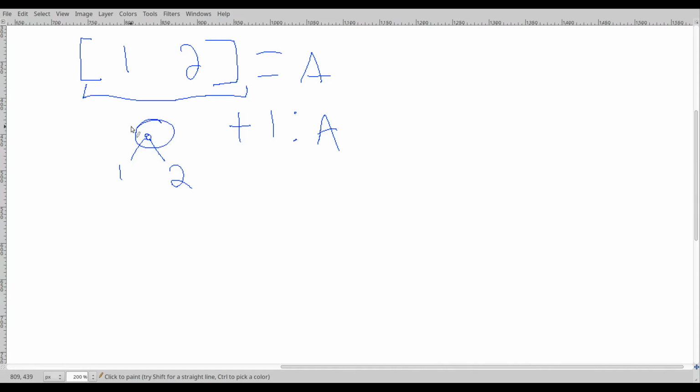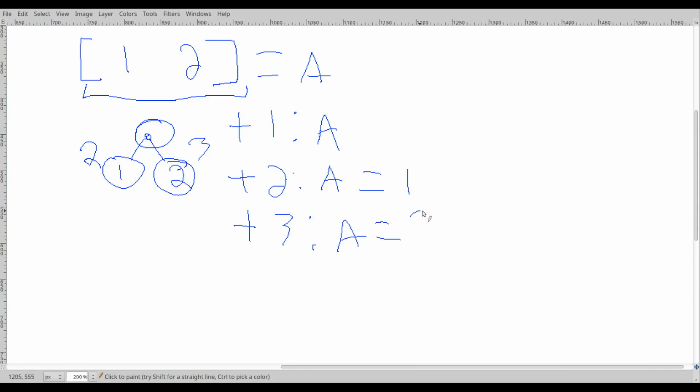So the root node of any cell is 1. The next node is this one here, and that one's number is 2. And the final node over here, its number is 3. So +2 colon A will give us 1, and +3 colon A will give us 2.